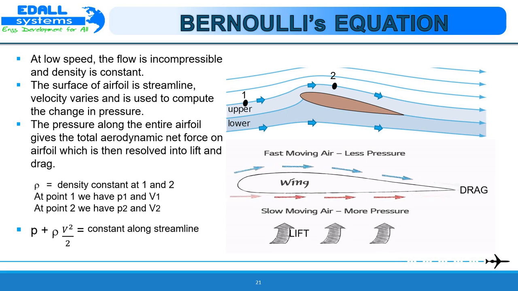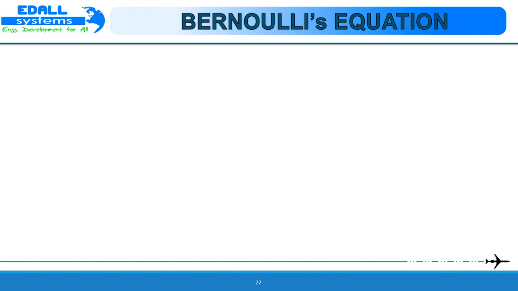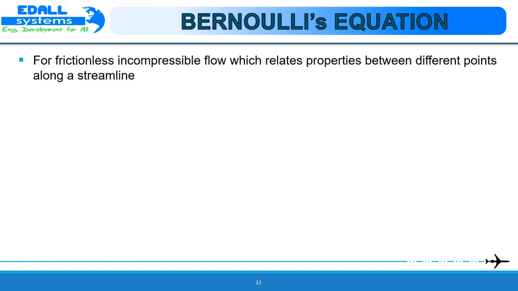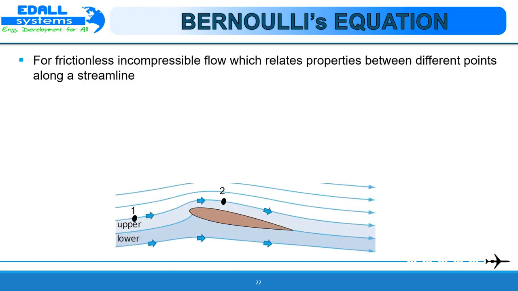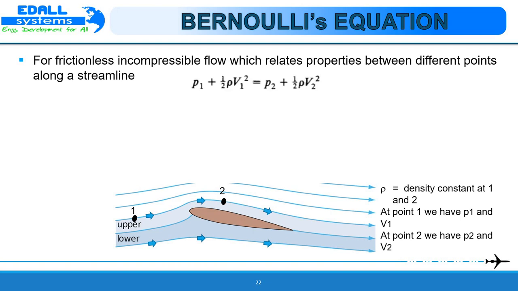When we consider incompressible flow, we get a constant rho. So we get p plus rho v square by 2. Let us consider a case of incompressible flow. Let point 1 and point 2 be located on the given streamline. In such cases we get p1 plus half rho v1 square is equal to p2 plus half rho v2 square.